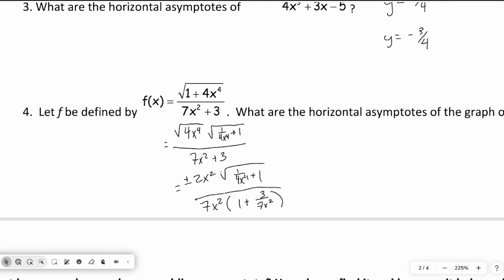So y equals, as x goes to infinity, this is just 1, but 0 plus 1 is just 1 times, so that's just going to be 1. So this is 0, this is 0, and then these cancel out, and so we just get plus or minus 2/7.